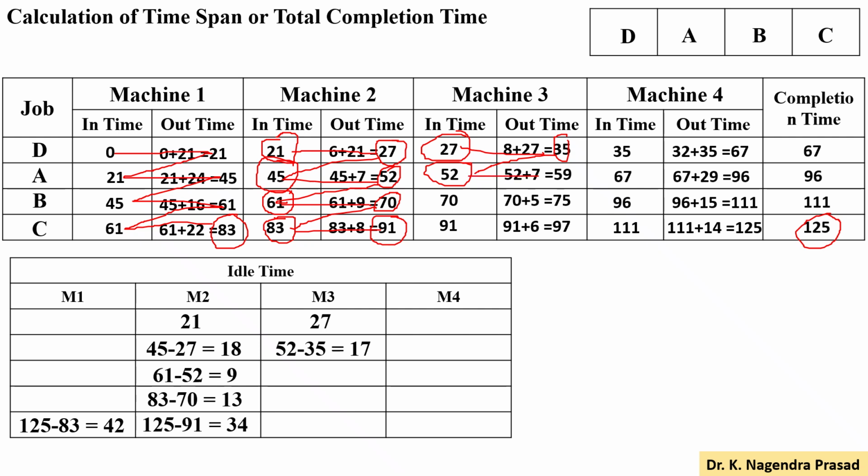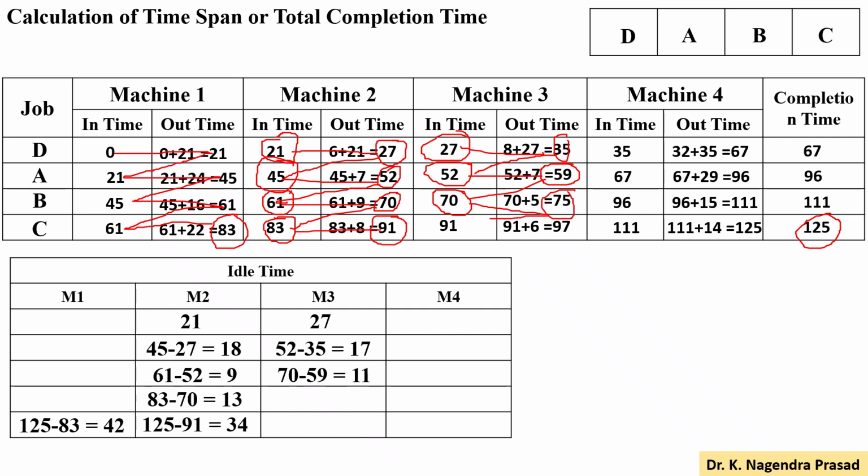So next 52 to 59 it is engaged with job A. So next, up to 70 hours it is idle. So the idle time for job B on machine 3 is 70 minus 59, which is equal to 11. Next, 70 to 75 it is engaged with job B.